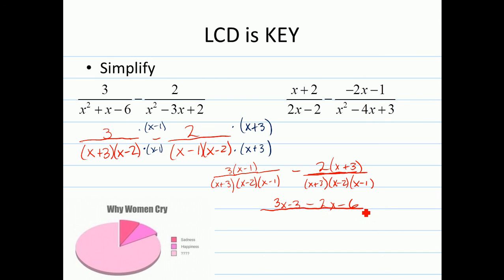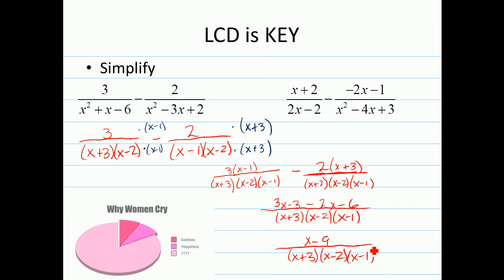And that's all over x plus 3, x minus 2, x minus 1. So when we combine, our final product should have in the top x minus 9. In the bottom you still have that big old denominator, which you can keep just like that. You don't have to multiply that back together. So that's what we mean by our least common denominator thing.